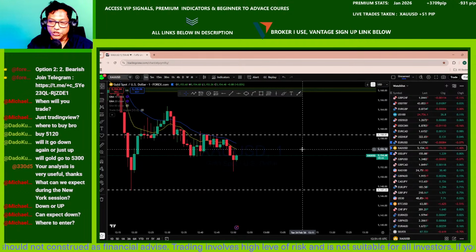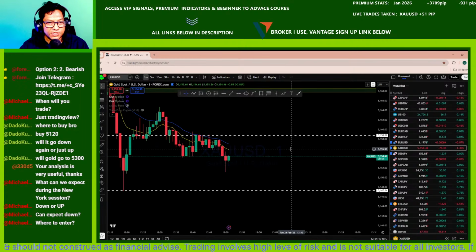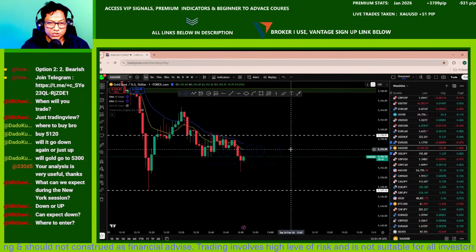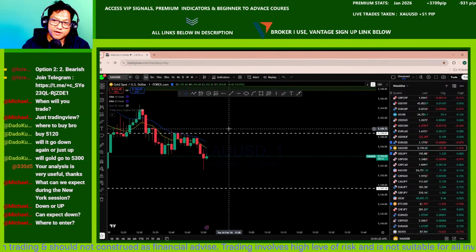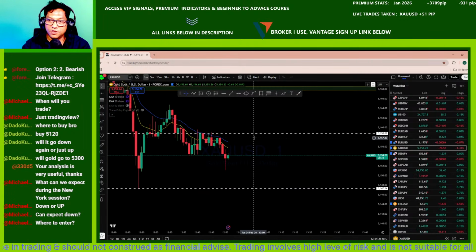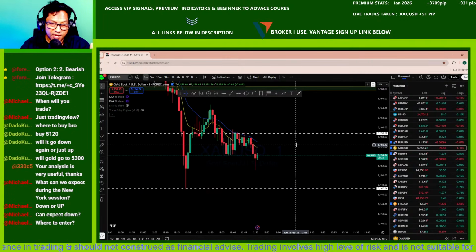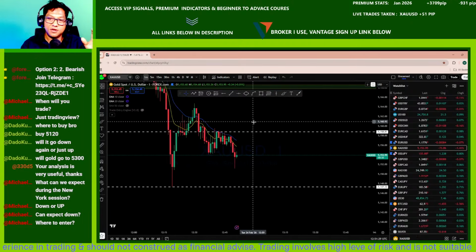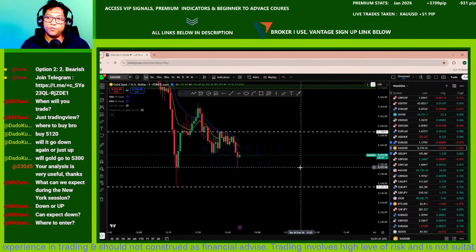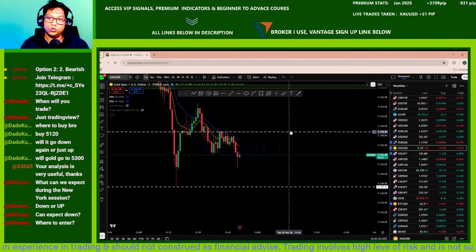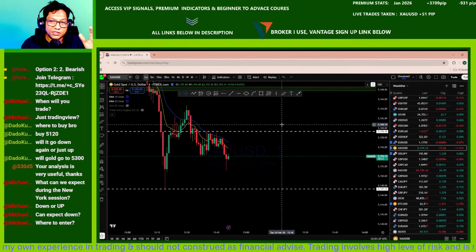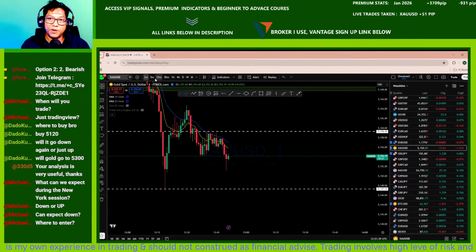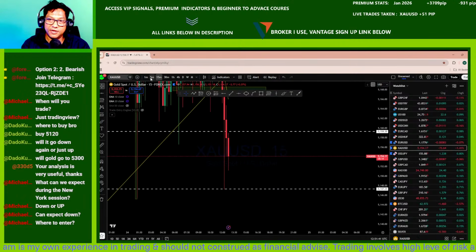Down or up? We see the downside here. We can see downward movement. Can you expect down? Yes, we can see that there is an expected downward movement. And as we discussed, the lower time frame currently has a little higher volatility, and it's in a downtrend, and we will be entering as soon as we can see any of this lower time frame resistance is broken, and the market prepares for another move back here.